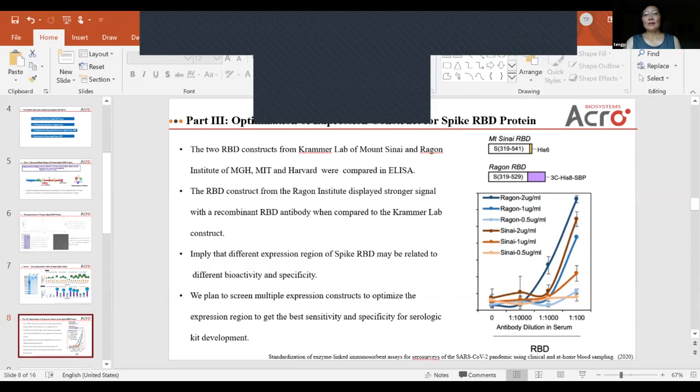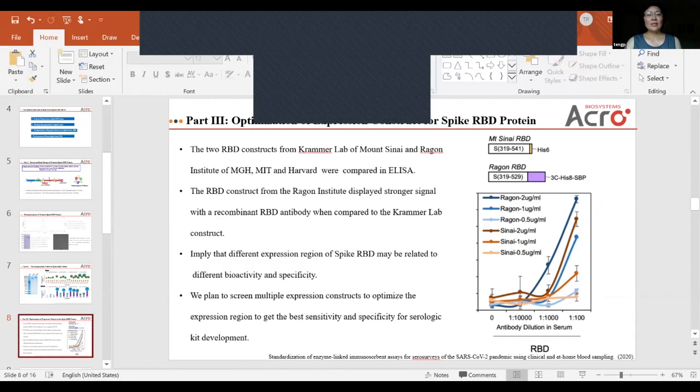And those two constructs actually contain very close regions of the RBD, but there's some difference between those two RBD expression regions, and also the tag is different.